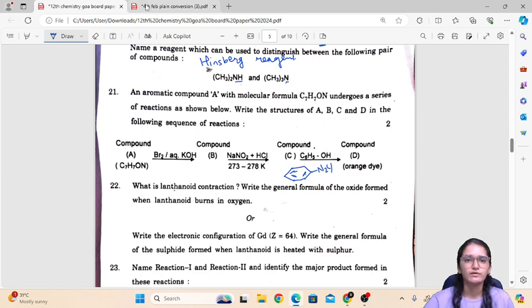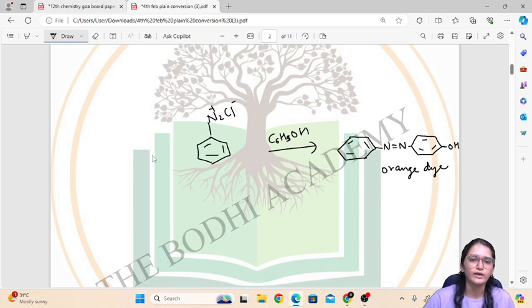So here which compound will we take? According to the reaction conditions, that is NaNO2 plus HCl at 273 to 278 Kelvin temperature.